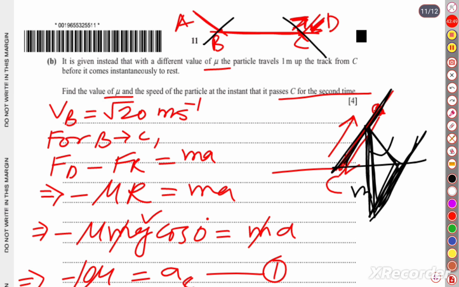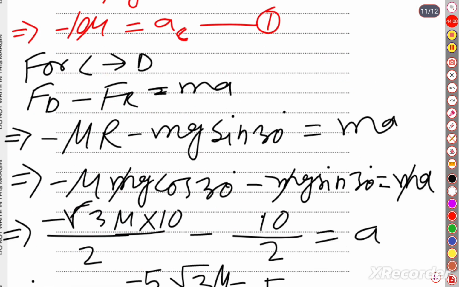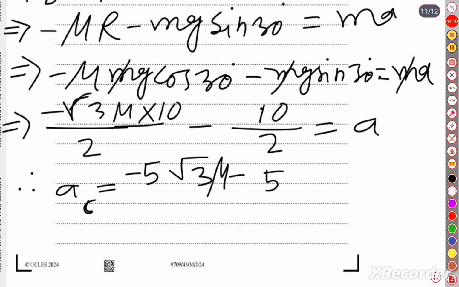So let us find the velocity when the particle was coming down. We are going to repeat the same process we did in case of A. The final velocity at B will be the initial velocity for BC, and the final velocity at C will be termed as initial velocity.